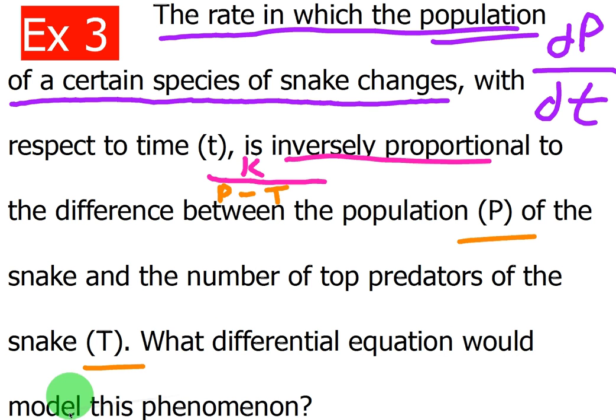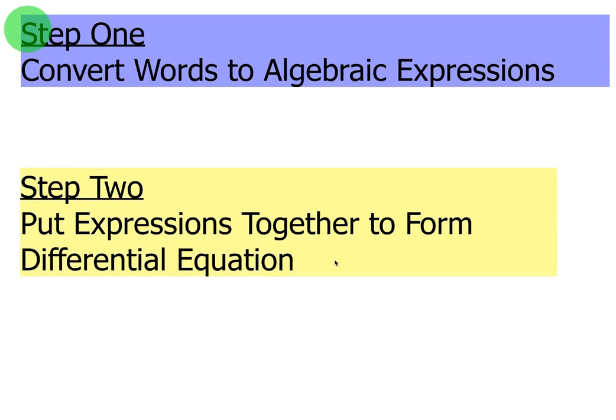Question is, what differential equation would model this phenomenon? Well, this is our first part, dP dt. And as I tell all my students, the word is just means equals. So that is becomes equals, and that will put these two expressions together. For my final example, I am going to just do that and put them together.